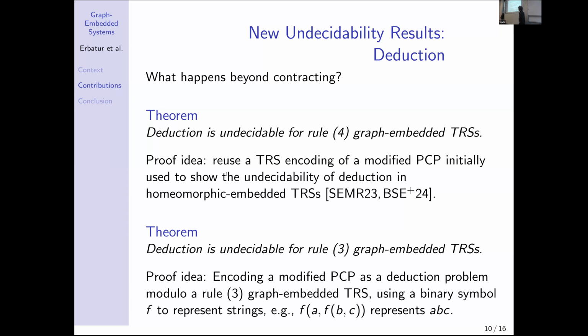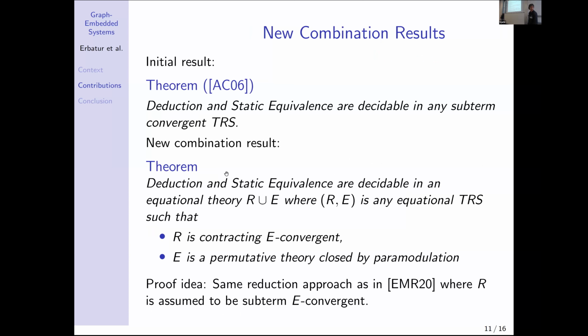And again, we get undecidability, but for that case, we use an encoding based on a modified Post correspondence problem. And we have a similar result when we consider just rule 3 for graph-embedded term-rewrite systems.